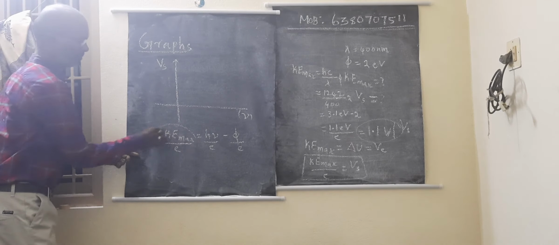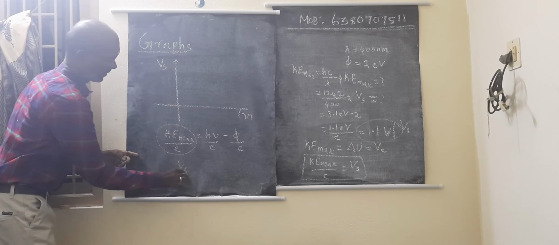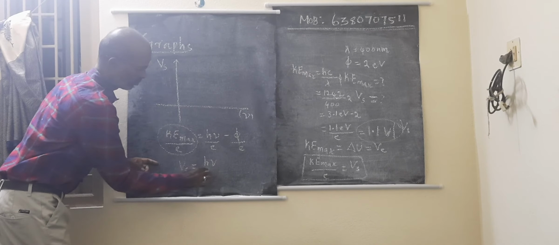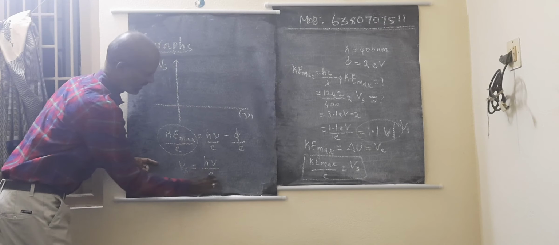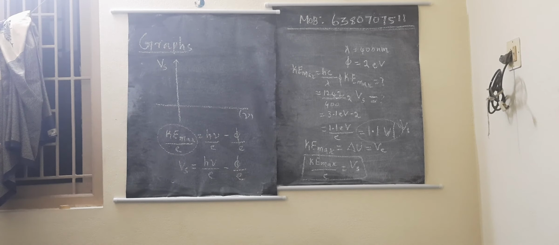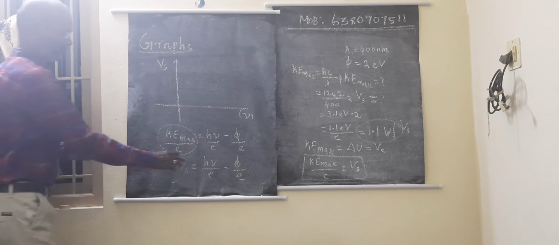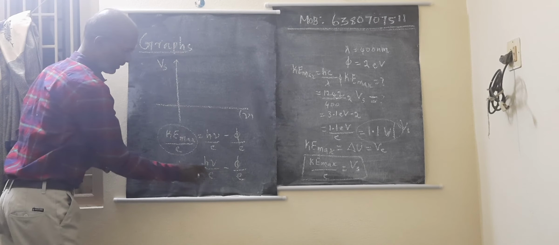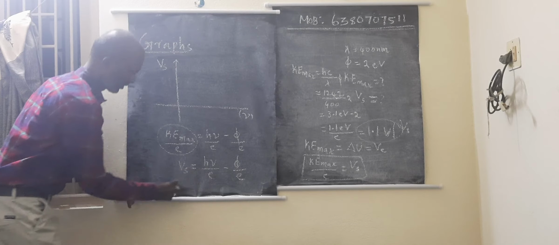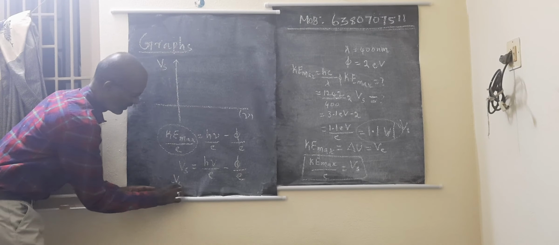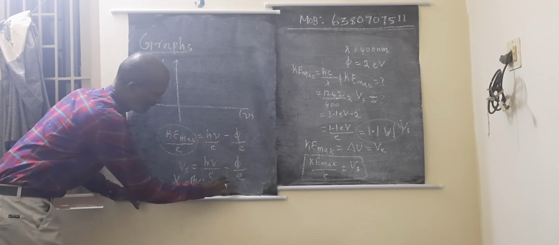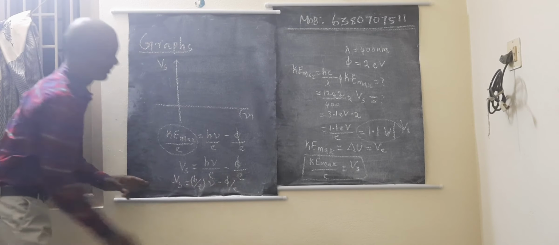This term will become the stopping potential. That is equal to h nu by e minus phi by e. Here h is a constant, e is also a constant. So this can be written as Vs is equal to h by e into nu minus phi by e.